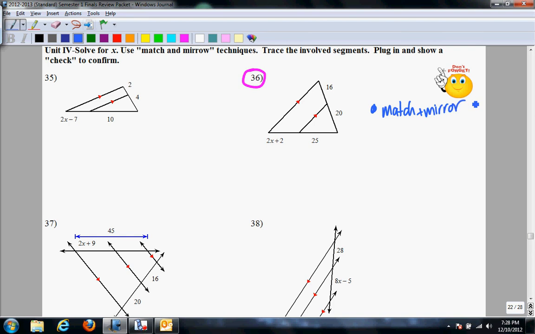What kind of proportions should you be watching for? Proportions where you can pull triangles apart and then match them up that way. Proportions where you can see segments and parallel lines.